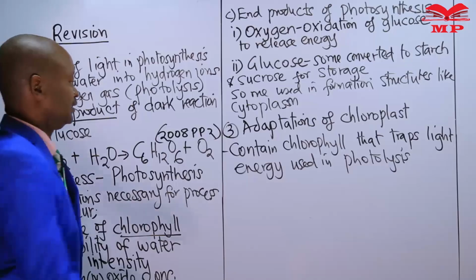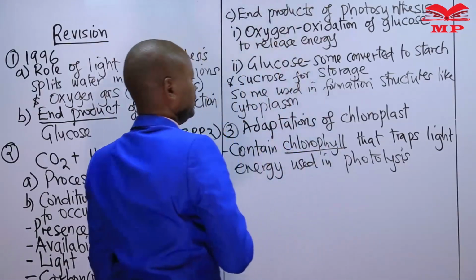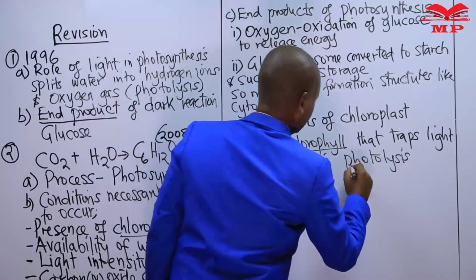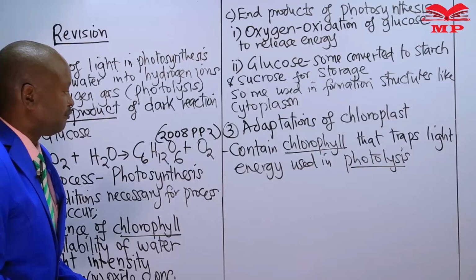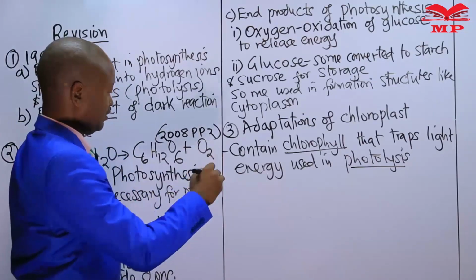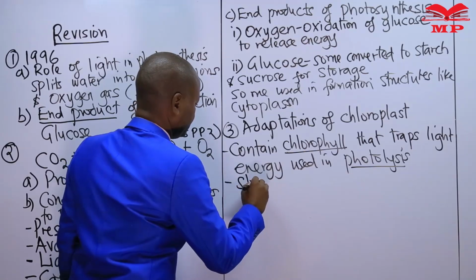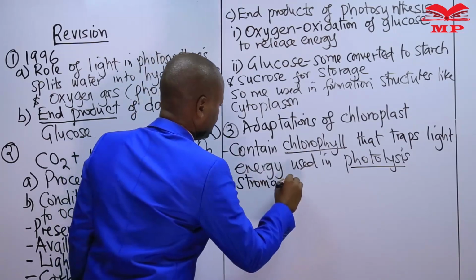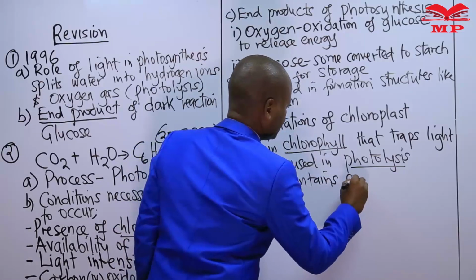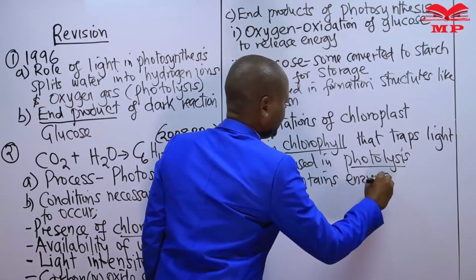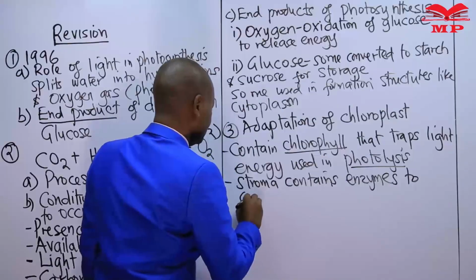So that is a chloroplast, and we must give emphasis. That is chlorophyll, and then we have that photolysis, which is very key. Then we have stroma. Remember the structure of the chloroplast has got a stroma. The stroma contains enzymes, and the enzymes' purpose is to catalyze, because they are catalysts.